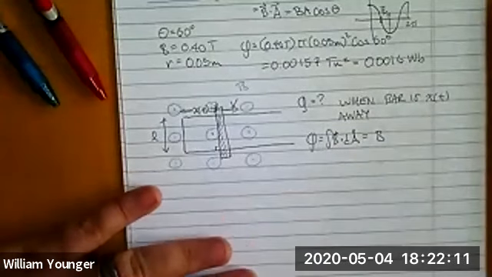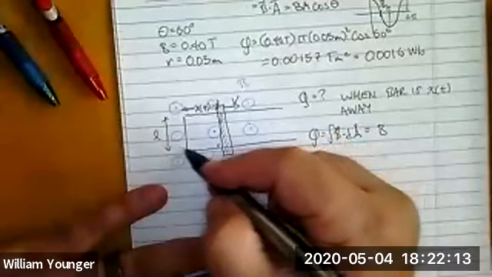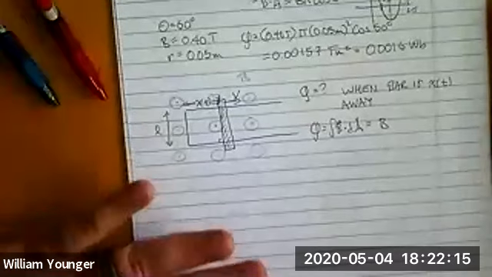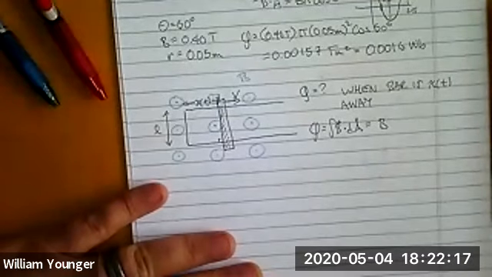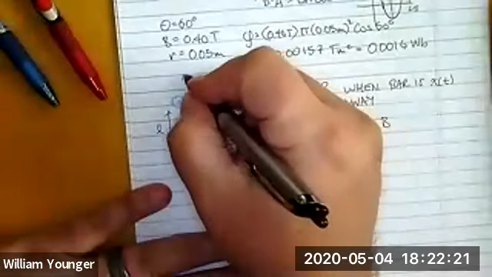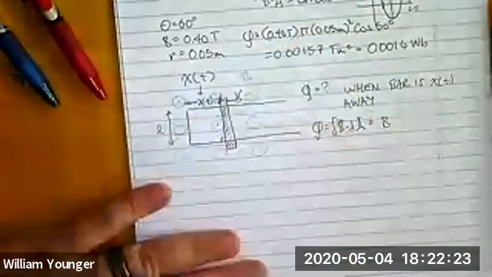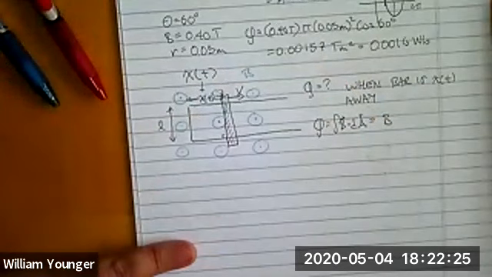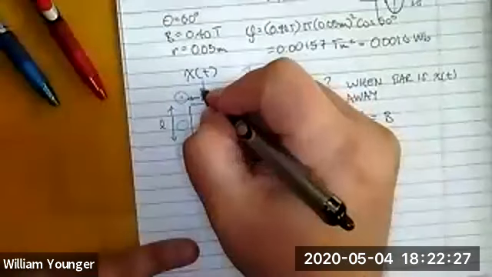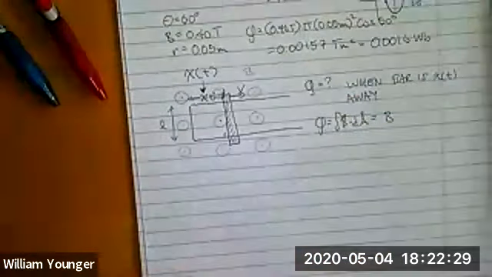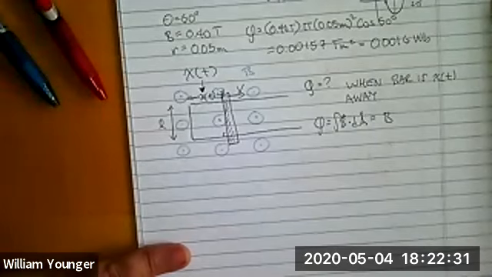So can anybody guess the area at this point in time of this rectangle? If you can't read that, that's x of t. So can anybody tell me what that area is?